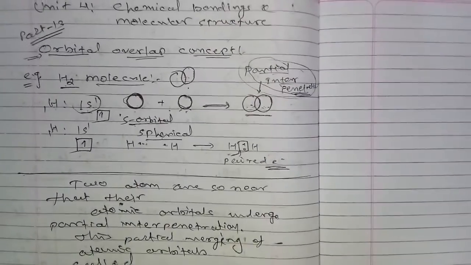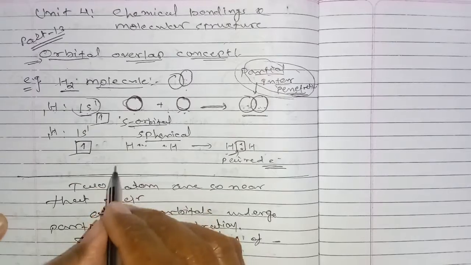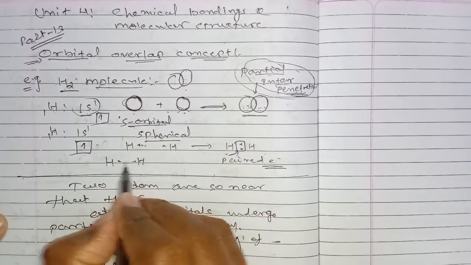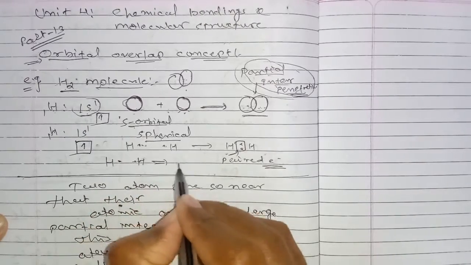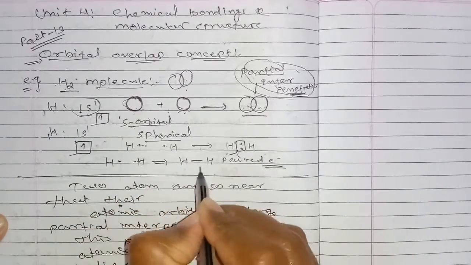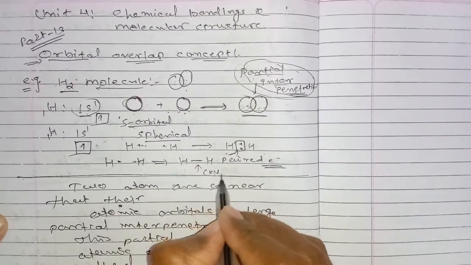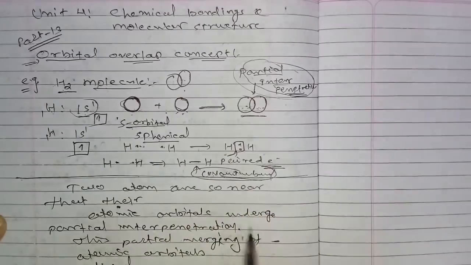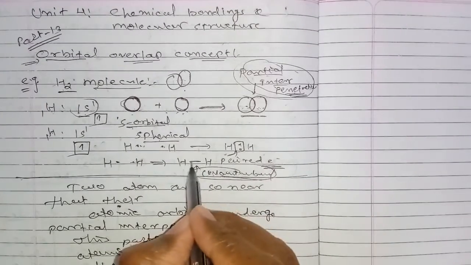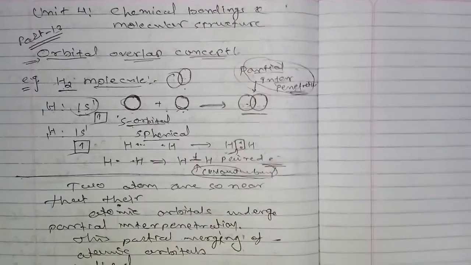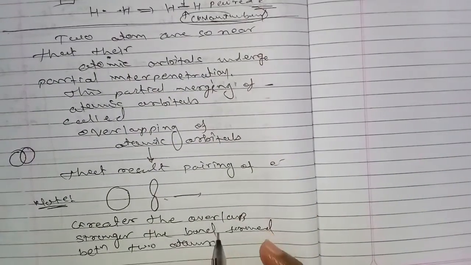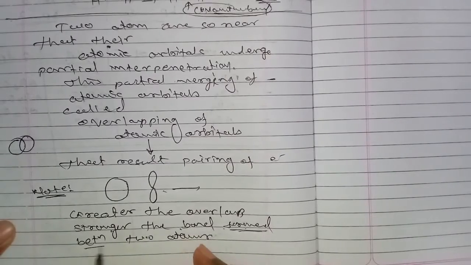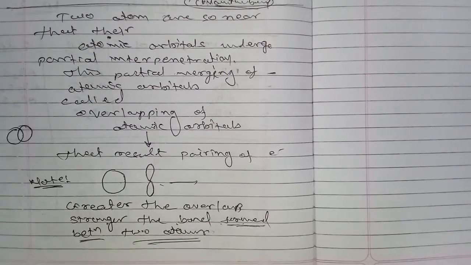In the hydrogen molecule, the single electrons are shared and a single bond, that is a covalent bond, is formed. This bond is much stronger. So greater the overlap, stronger the bond between two atoms.